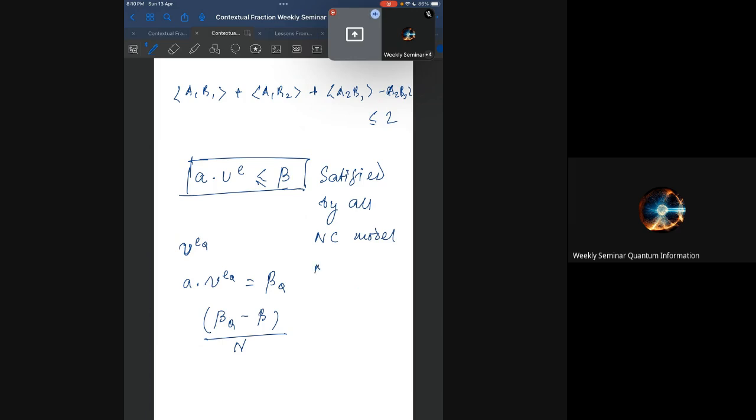Let's say the weight of A is, let's say, the norm of A. So the normalized violation is then this over the norm of A, minus this beta, and I should actually write it as the maximum of 0 or this one, because there is no negative violation, no?